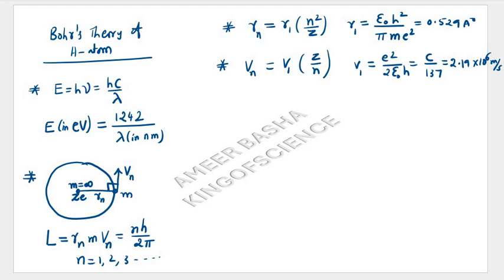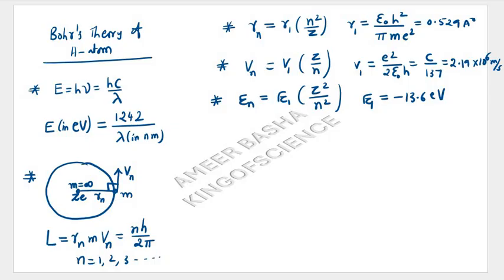Then after knowing this, let us go for the total energy. The total energy of an electron will be E1 multiplied by Z square by n square, where E1 is the energy in the first orbit, which is minus 13.6 electron volts.